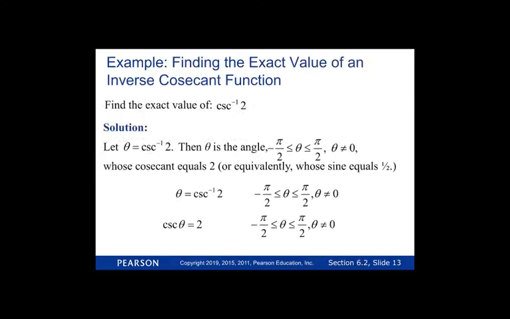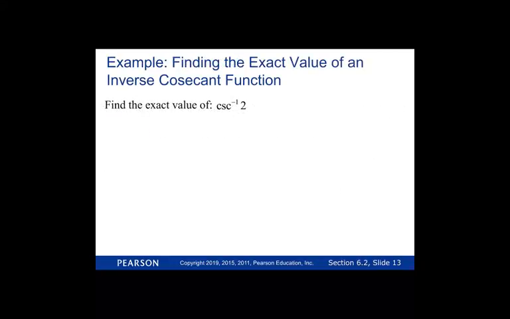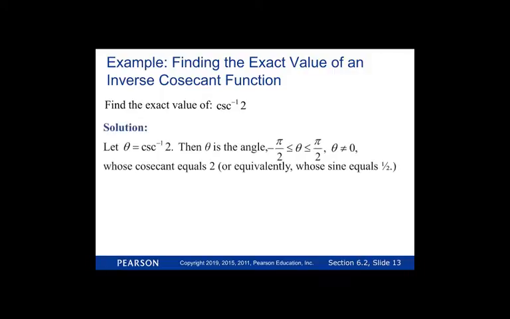All right, let's see how the text explains it. So it says find the exact value of inverse cosecant of 2. So that means cosecant of some angle equals 2. So let theta equal inverse cosecant of 2. Then theta has to be between -90 and 90 and not include 0, which is what we said, whose cosecant equals 2.